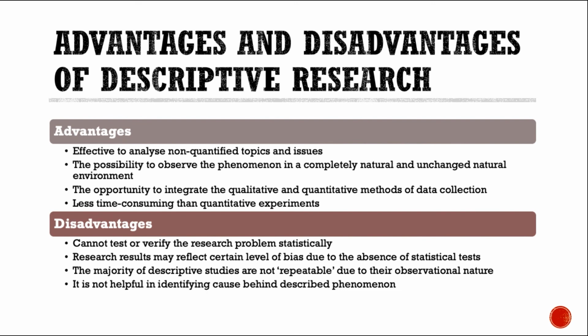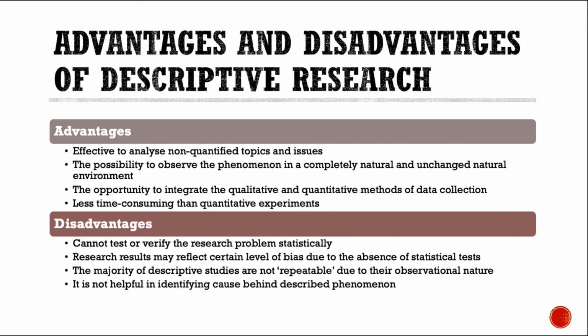So you can use so much data like tables and graphs to describe, and you can even use statistical data analysis to describe a scenario, but you cannot test or verify the research problem statistically. You cannot say it is significant or not significant.